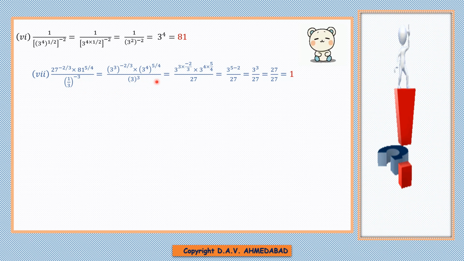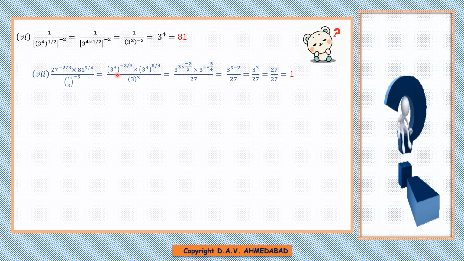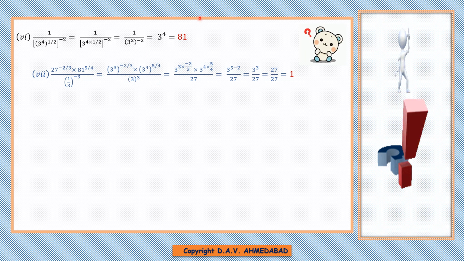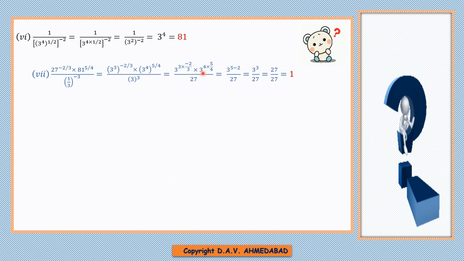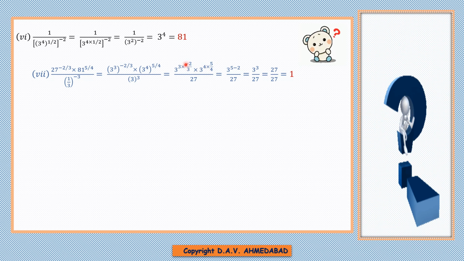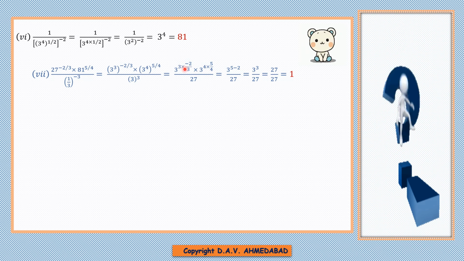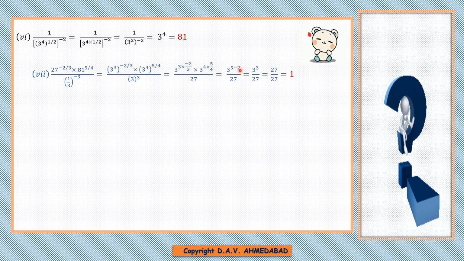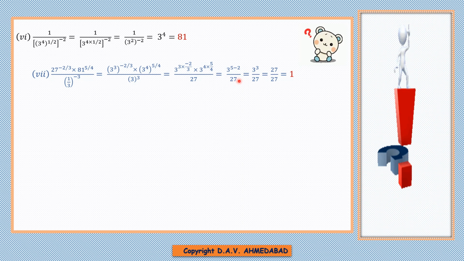So now let's see what we are having. We are having 3 raised to the power, yes. Here the numbers are in multiplication. So what you will do? We will add. So 5 plus minus 2, so 3 raised to the power 5 minus 2, divided by 27, or you can write 3 cube also.